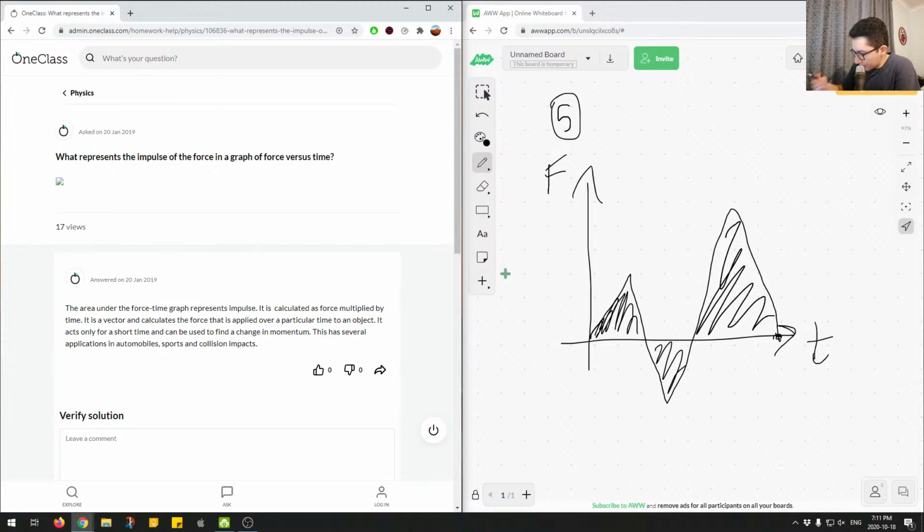So let's call this I for impulse, and you had areas A, B, C, you would do plus, minus, plus. So you'd add A, subtract B, and add C. So this is above, this is below, this is above, and that's how the summation would work.